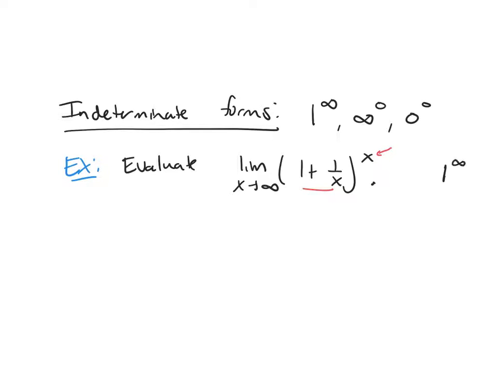So 1 to the infinity, that's an indeterminate form. And so really the problem here is the exponent, and it's kind of an obstacle in calculating this limit. So we're going to let y equal this limit.